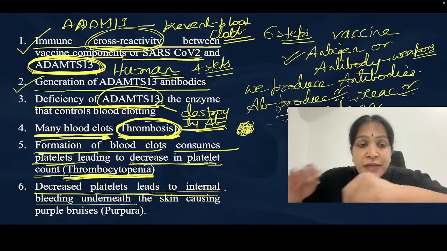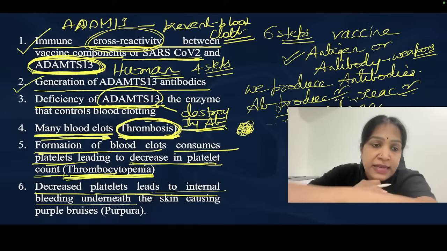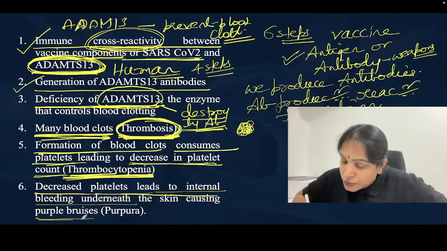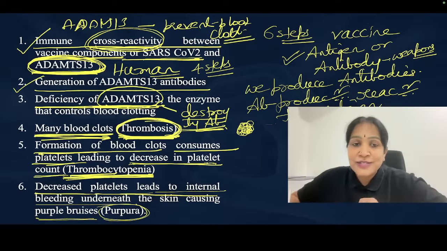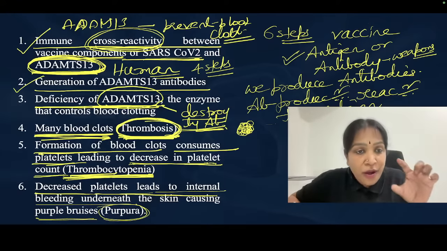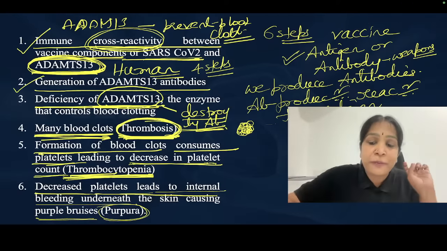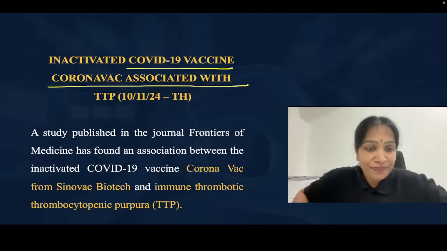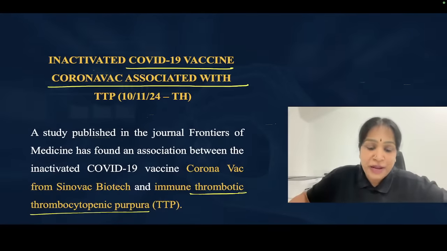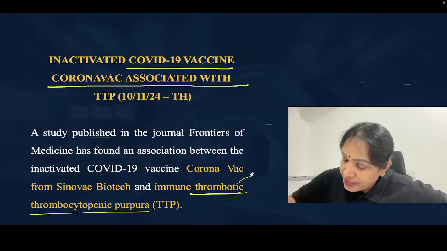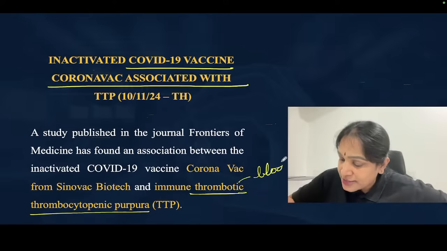So because of the bleeding underneath the skin, I will get purple bruises, that is called purpura. Together it is called thrombotic thrombocytopenic purpura. Is it clear? Thrombotic is blood clots.